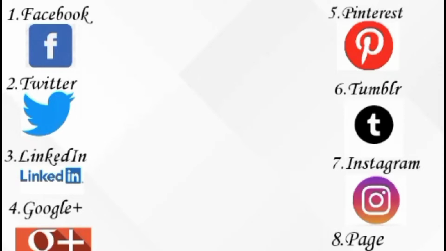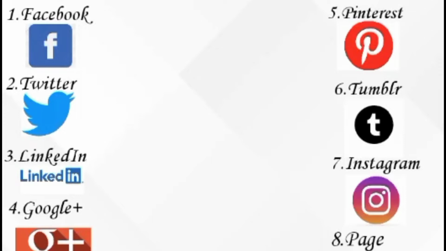Google Plus was made to increase the quality of its search engine results by enabling Google to factor in social cues to deliver search results. Pinterest is a visual discovery engine for finding ideas like recipes, home and style inspiration, and more.